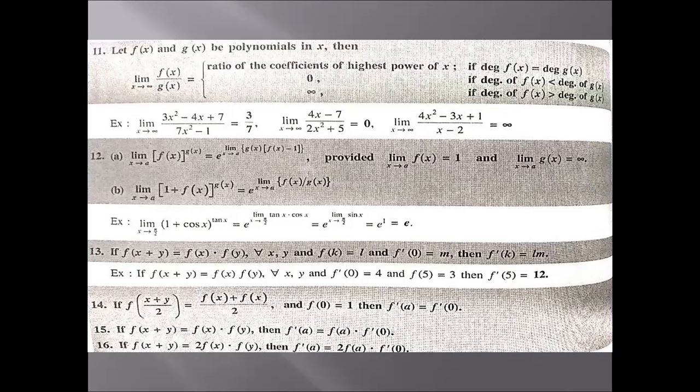If f((x + y)/2) = (f(x) + f(y))/2 and f(0) is 1, then f'(a) = f'(0). If f(x + y) = f(x)·f(y), then f'(a) = f(a)·f'(0). If f(x + y) = 2f(x)·f(y), then f'(a) = 2f(a)·f'(0).